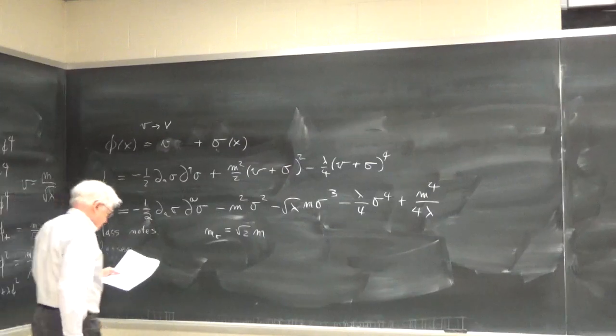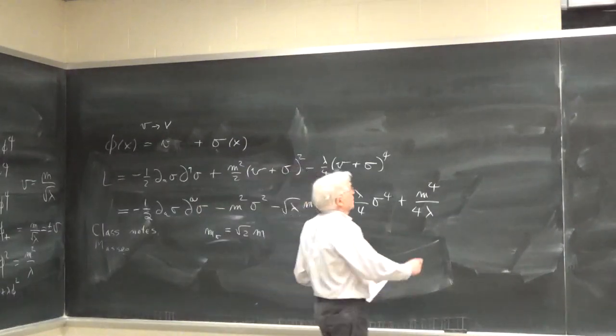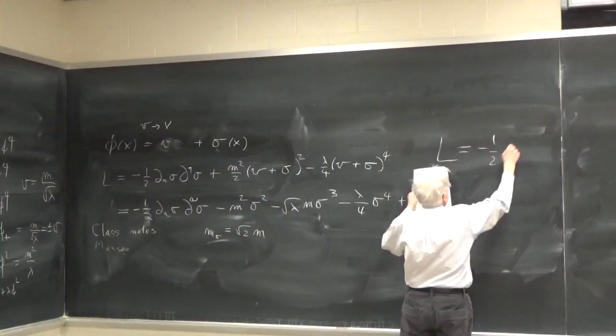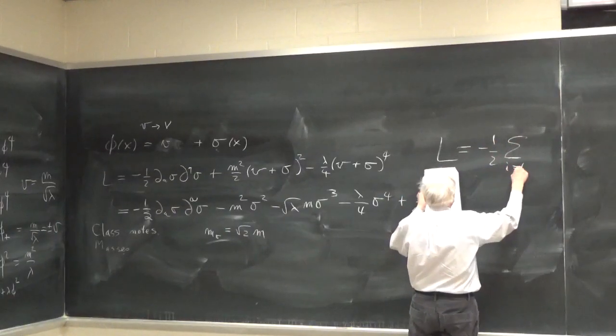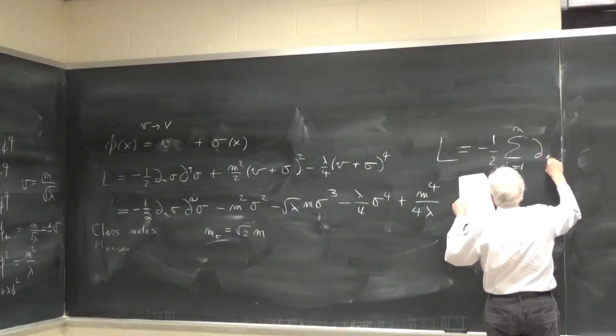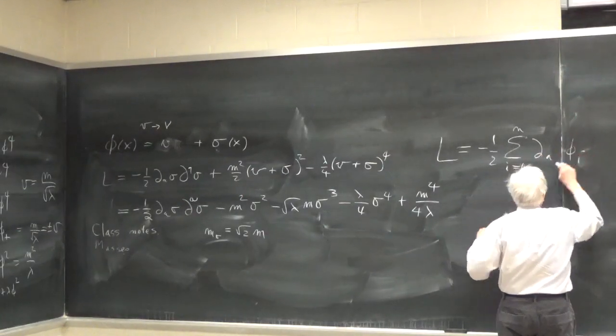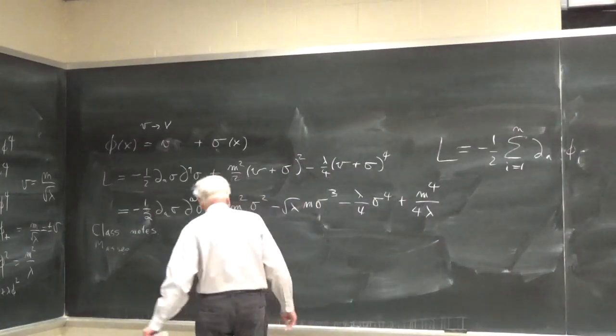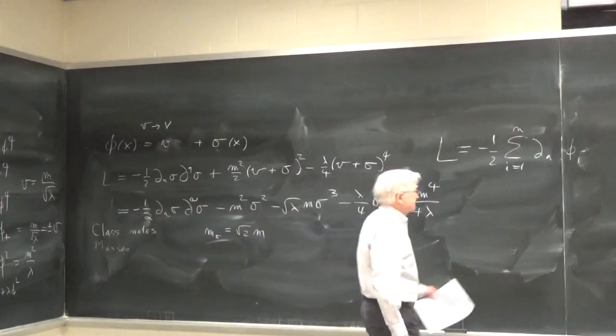The general linear sigma model is a little more complicated. L is equal to minus a half sum over i equals 1 to n of dA phi i dA phi i. Of course, A goes from 0 to 3. That's the way I'm doing these.